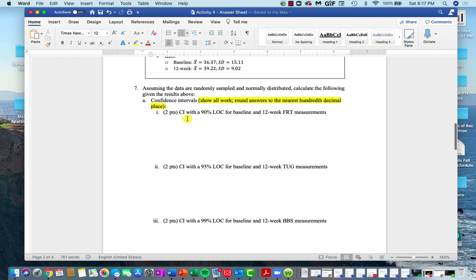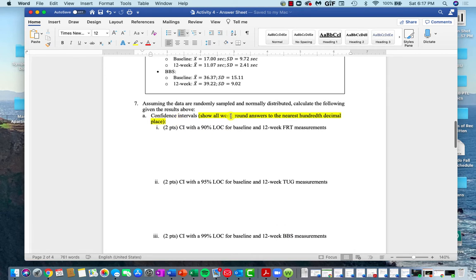So in each of these, you should have all of your work shown. Okay, so anything that you have to calculate prior to getting your confidence interval, as well as the equation for your confidence interval, should be included in here. And then maybe you can highlight your answers in yellow or something.